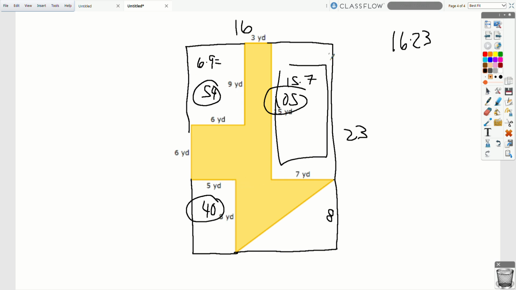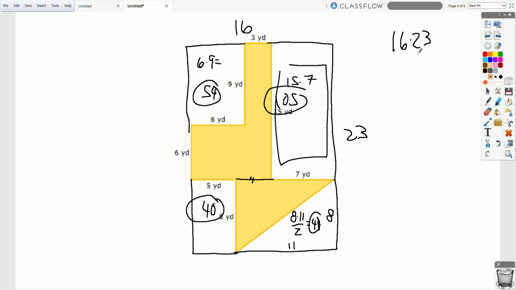So if we know the whole thing is 16, we can subtract out this 5, that gives us 11, subtract out this 7, that gives us this distance is 4, right? So 4 plus 7 is going to give us 11. So this is going to be 11. 8 times 11 divided by 2 gives us 44.